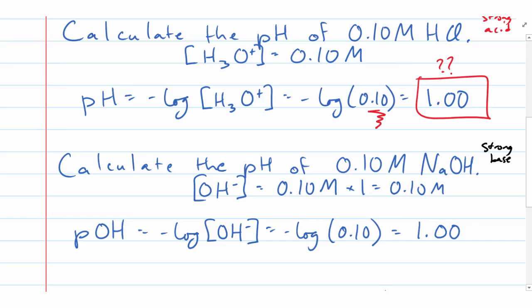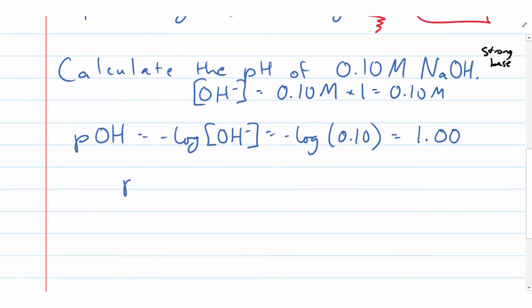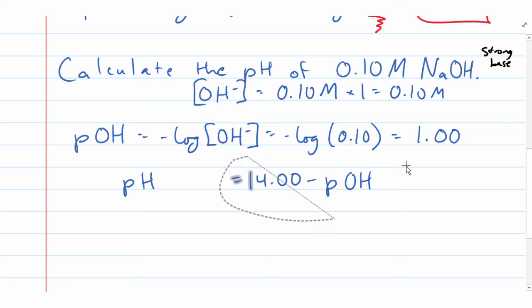We want to find the pH. So what are we going to do next? 14. Right, we need to remember that number 14. And that's because the pH and the pOH sum to be 14.00. Well, if we subtract the pOH from each side, we find out that the pH is equal to 14.00 minus the pOH.